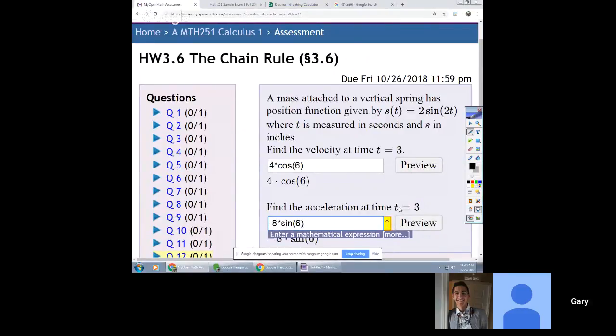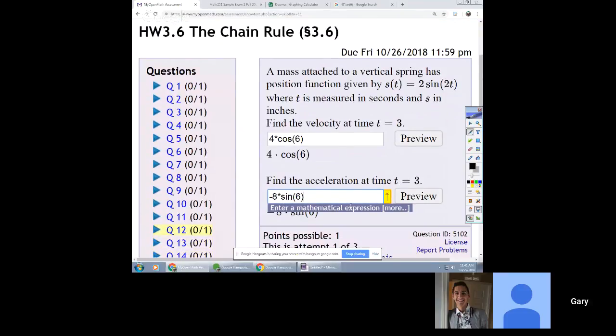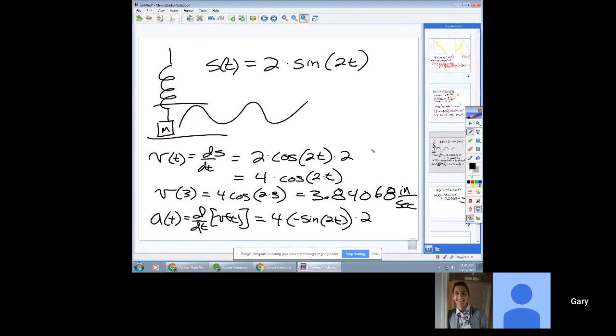It's dangerous to assume things, but I guess we can make an assumption. Let's assume that down is a positive displacement. So 3 seconds in, it is moving down at almost 4 inches per second.